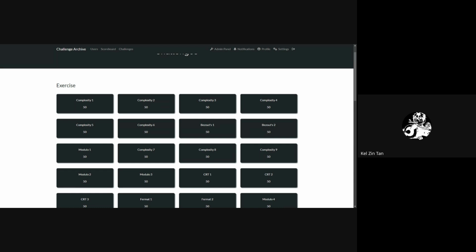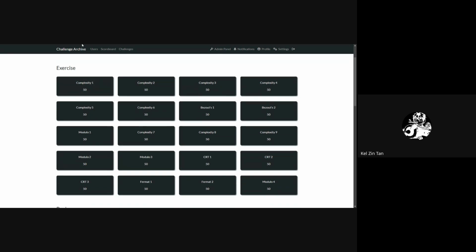I want to leave CRT tree to the end. So before CRT tree, got any other candidates? I think CRT tree is the hardest exercise that I put out.